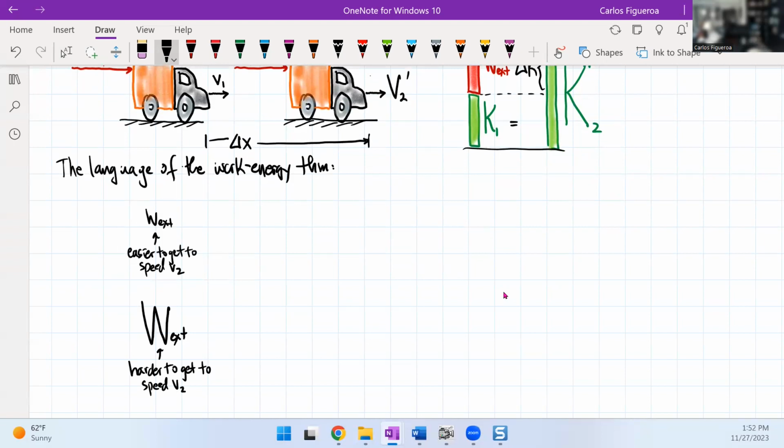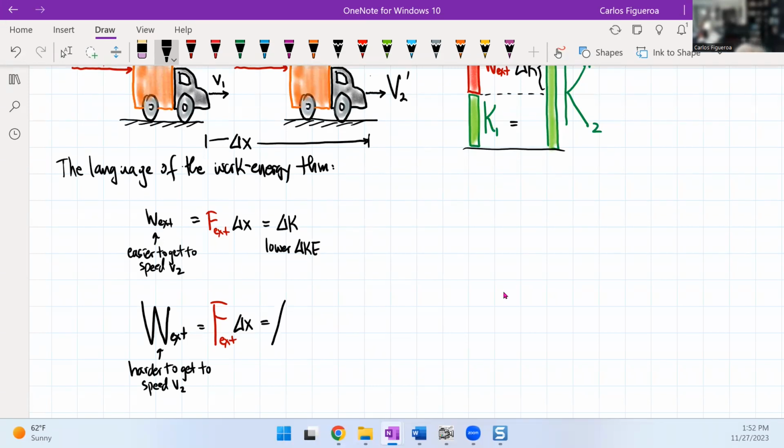So then the reason why it was harder is because we knew that the external forces were going to be different. So instead of saying easier or harder, we then say that this had a lower change in kinetic energy.